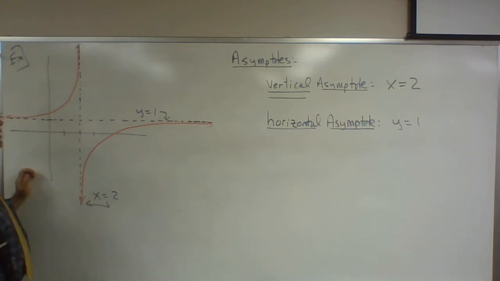So the line y equal 1 is a horizontal asymptote.